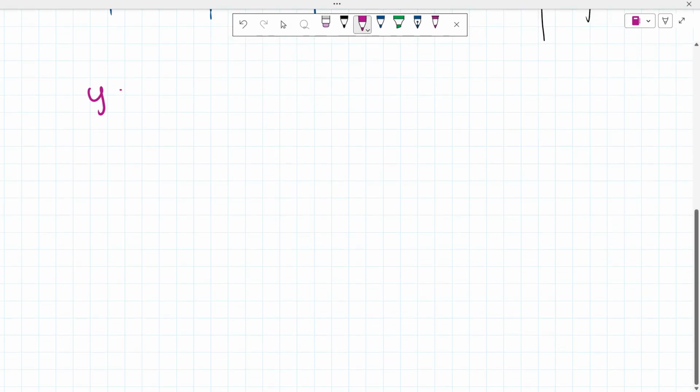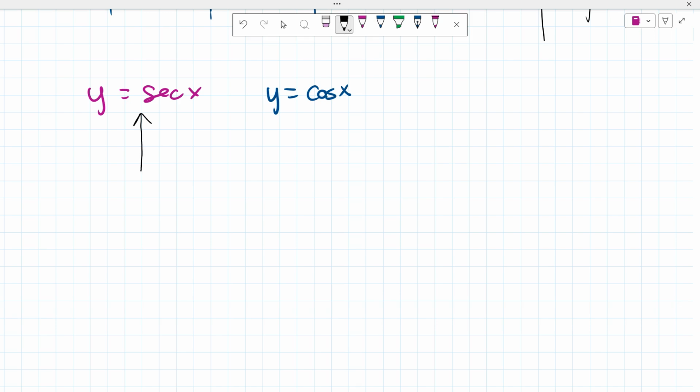Now we're going to go y equals secant of x, which comes off the y equals cosine of x graph. So we'll graph cosine of x. I'm not going to go through all the points like we did last time.